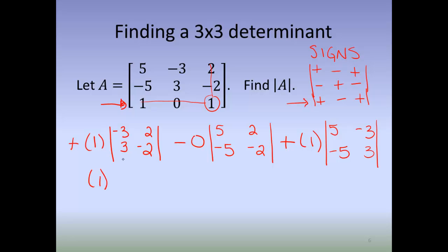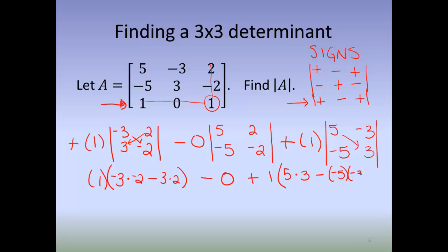This is going to be 1 times negative 3 times negative 2 minus 3 times 2, minus 0 plus 1. Multiply the diagonals. 5 times 3 minus negative 5 times negative 3.